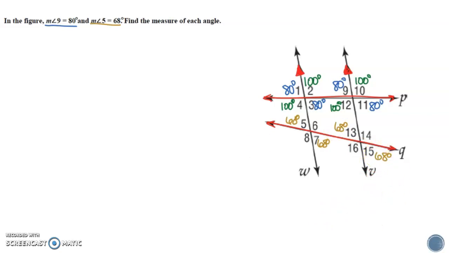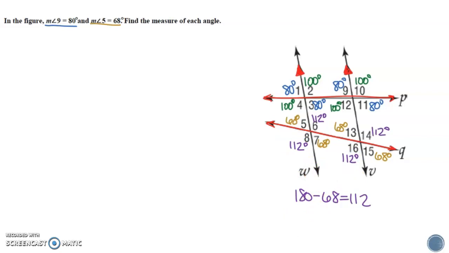And finally, with the same reasoning that I used to find the 100-degree angles on the top section, I can use that to find the angles on the bottom section. So 180 degrees minus 68 will give me 112, which means that the remaining angles that create linear pairs with the 68-degree angles are all 112 degrees.